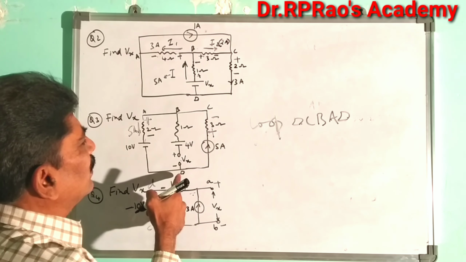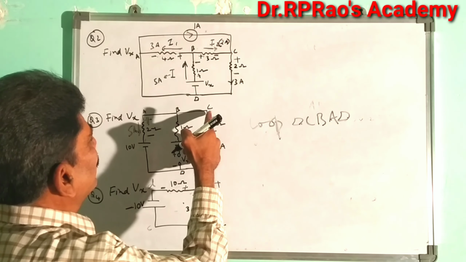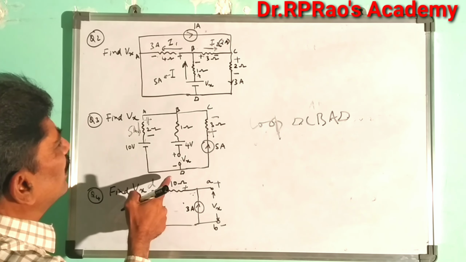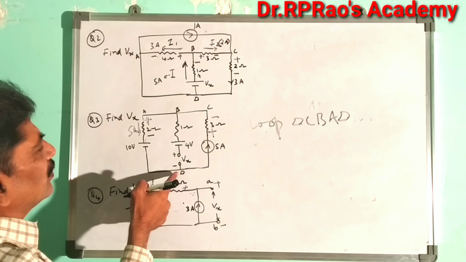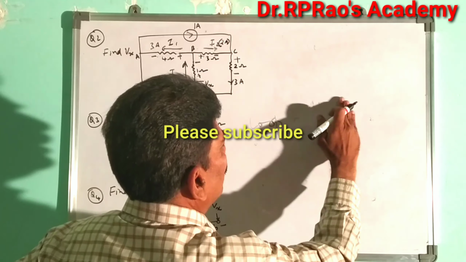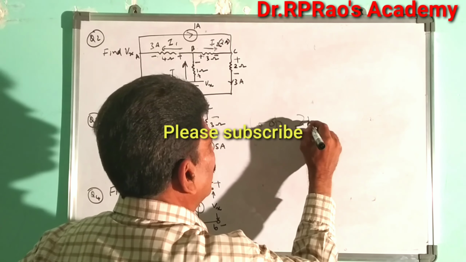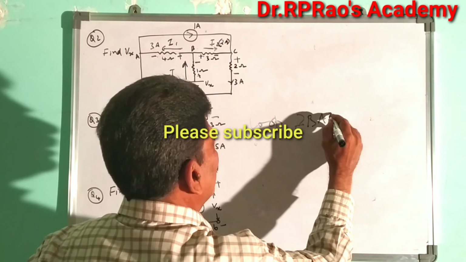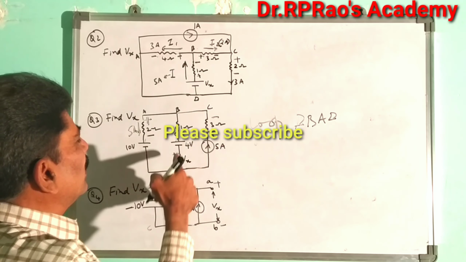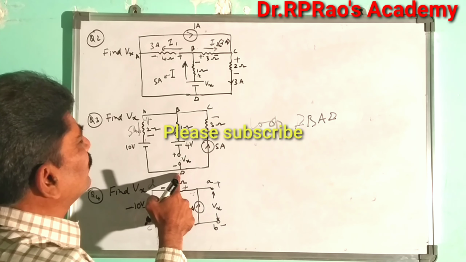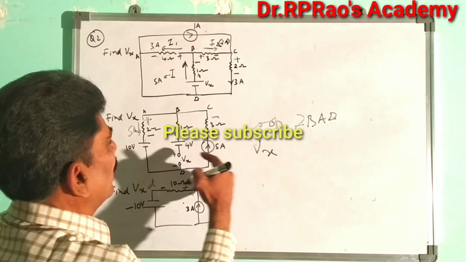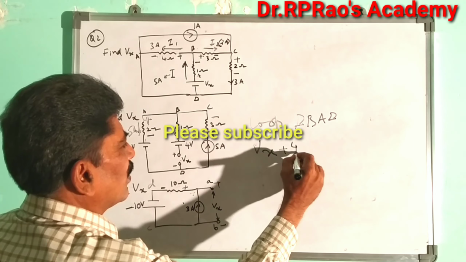Start from D. Instead of DCBAD, you can consider this loop, DBAD. So D to B, there is rise in potential. So Vx plus 4, rise in potential.